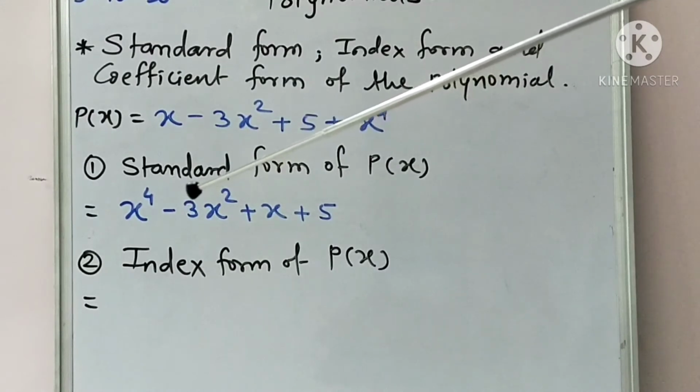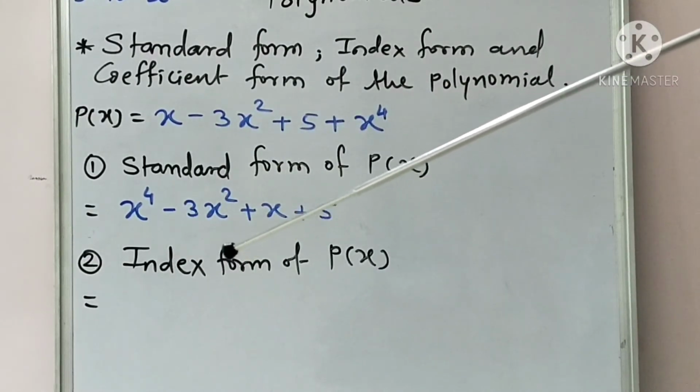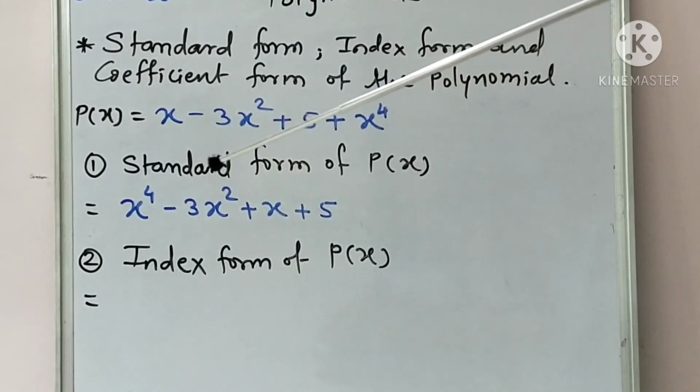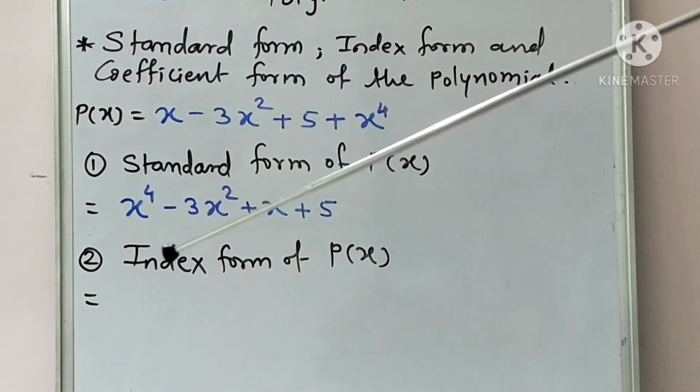So to write in index form, you have to take the power 3 term but with coefficient 0.